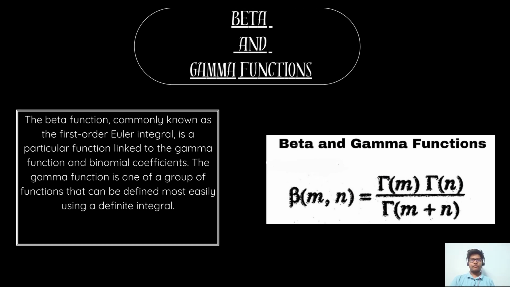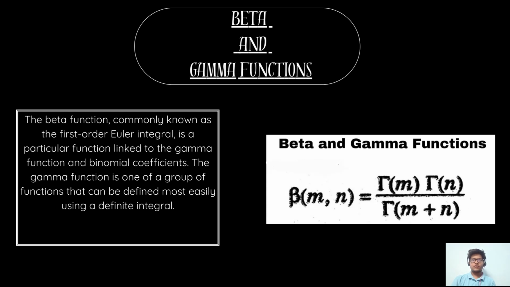The beta and gamma functions are two important special functions in mathematics, often encountered in various fields of science and engineering, including statistics and signal processing. The beta function, commonly known as the Euler integral of the first kind, is a particular function linked to the gamma function and binomial coefficients.